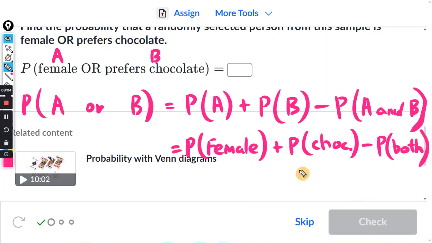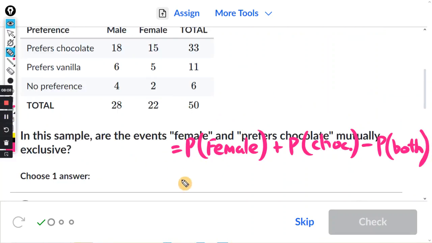All right, let's go to the chart. Probability that someone is a female. How many are females? Well, if you look at the females and you go down to the totals, 22 out of 50 are females.